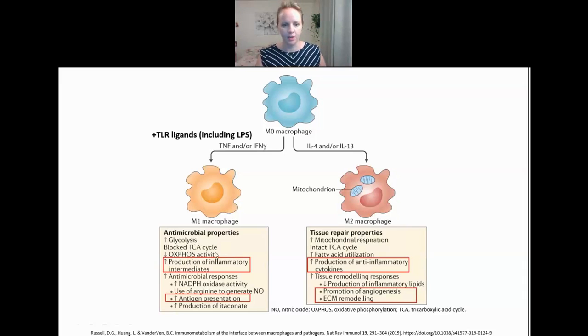It's high energy, but it uses a glycolytic metabolism, and we get increased production of inflammatory molecules, a lot of intracellular reactive oxygen species, and accumulation of arginine to generate nitric oxide to really just attack. This is like the attack macrophage, let's say.